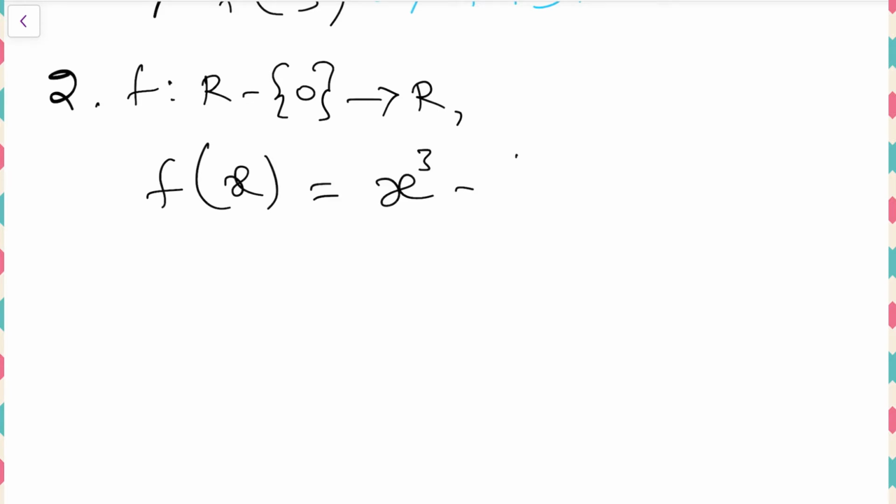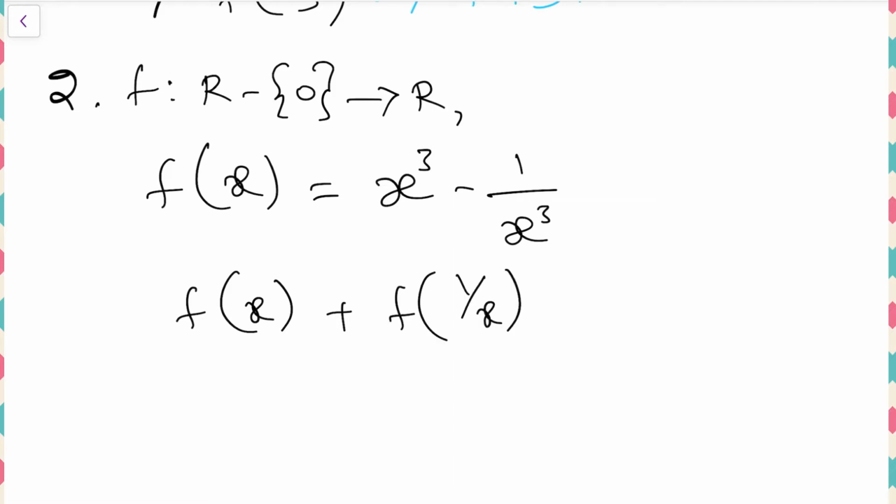Next, let us move to the second bit. In the second bit, if f is a function from R minus 0 to R, and that function is defined as f of x is equal to x cube minus 1 by x cube, then show that f of x plus f of 1 by x is equal to 0.